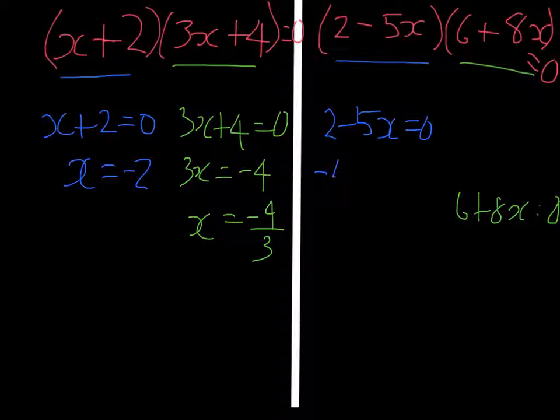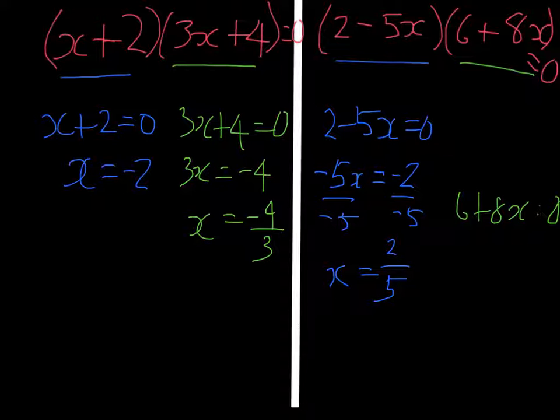So -5x is going to be equal to -2, and then if we divide both sides by -5, x is going to be equal to 2/5. Same with the other side. 8x is going to be equal to -6, taking 6 from both sides, which means x is going to be equal to -6/8, which you could simplify as well into -3/4.